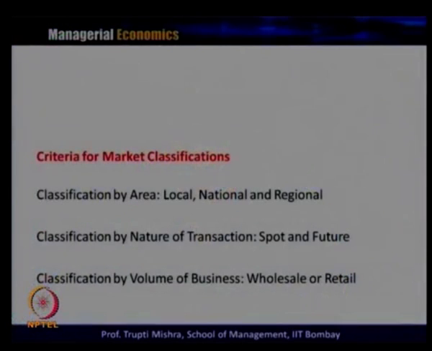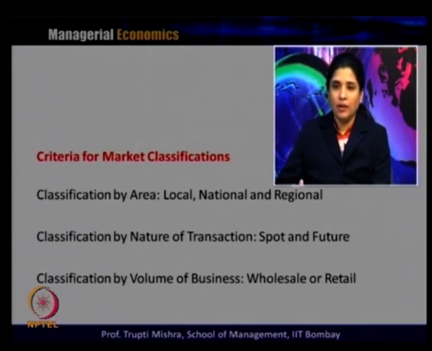Let us see how we can classify the market. Either we can classify the market on the basis of area, that is local, national and regional. So, if it is locally placed, then it is a local market. The typical example maybe the weekly market we get in our place, that is a local market, the weekly vegetable market.